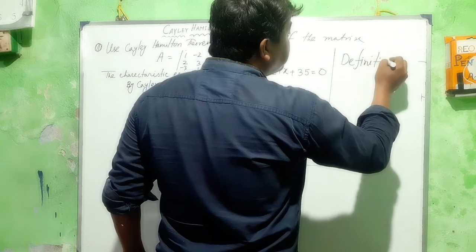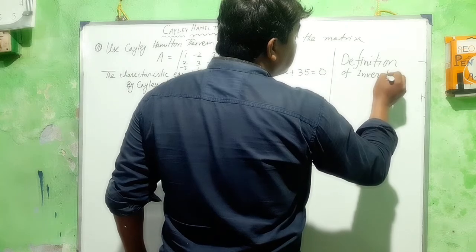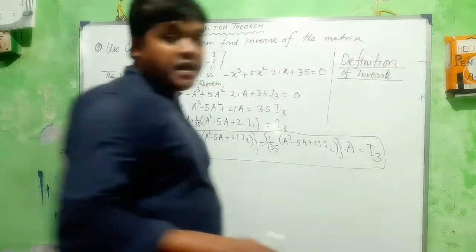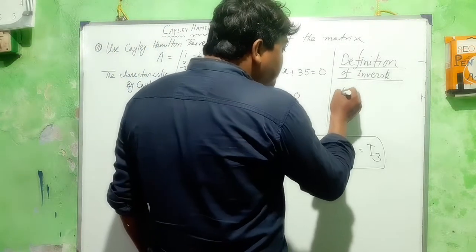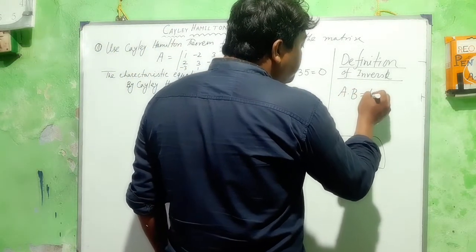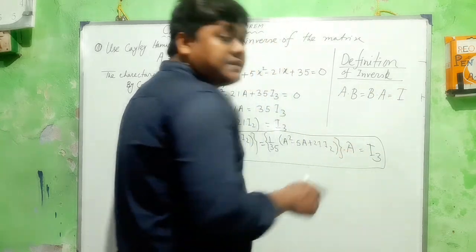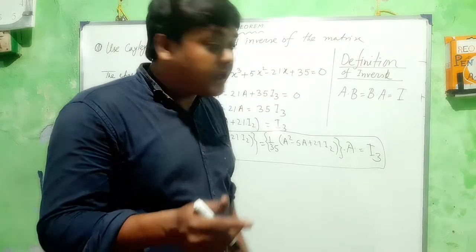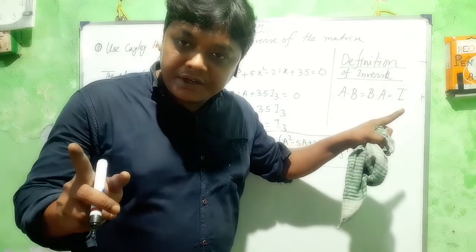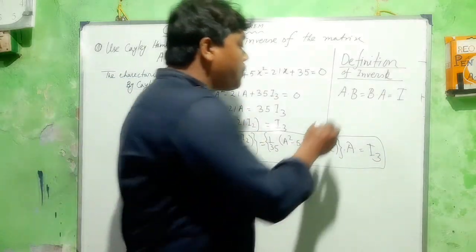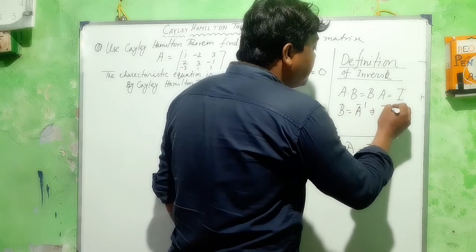Any algebraic property, definition of inverse: if A and B are any two square matrices, if A into B equals B into A equals I, then B is said to be the inverse of A. So B equals A inverse, or A inverse equals B.